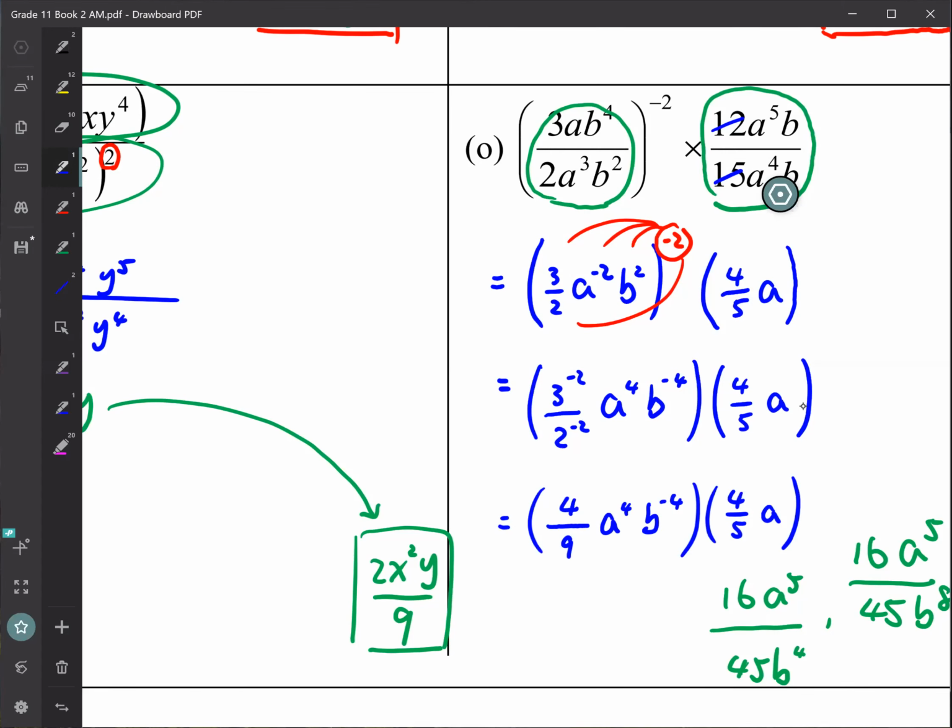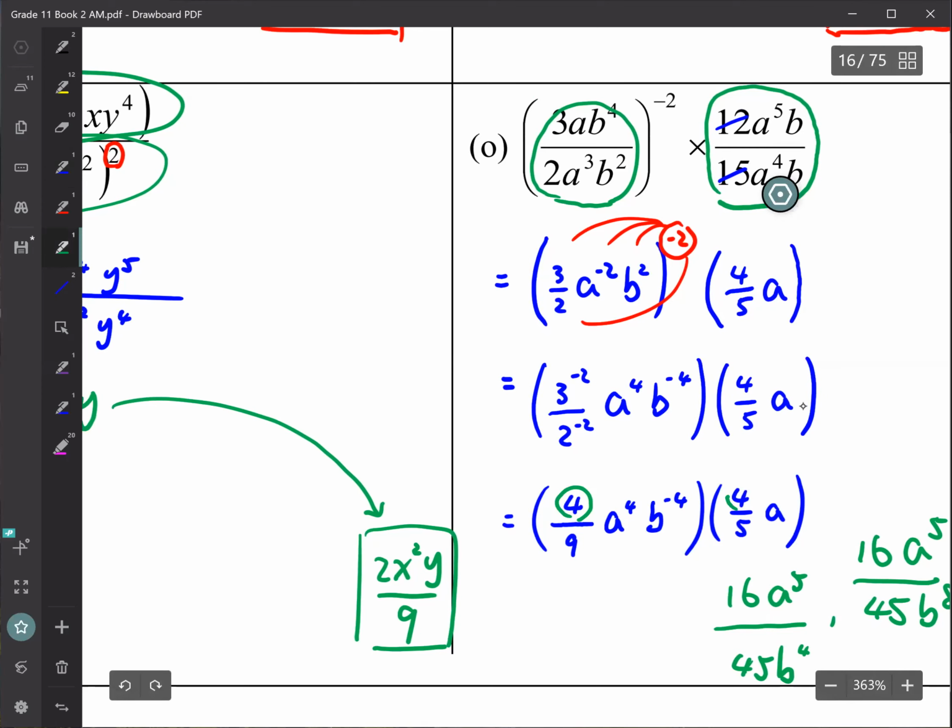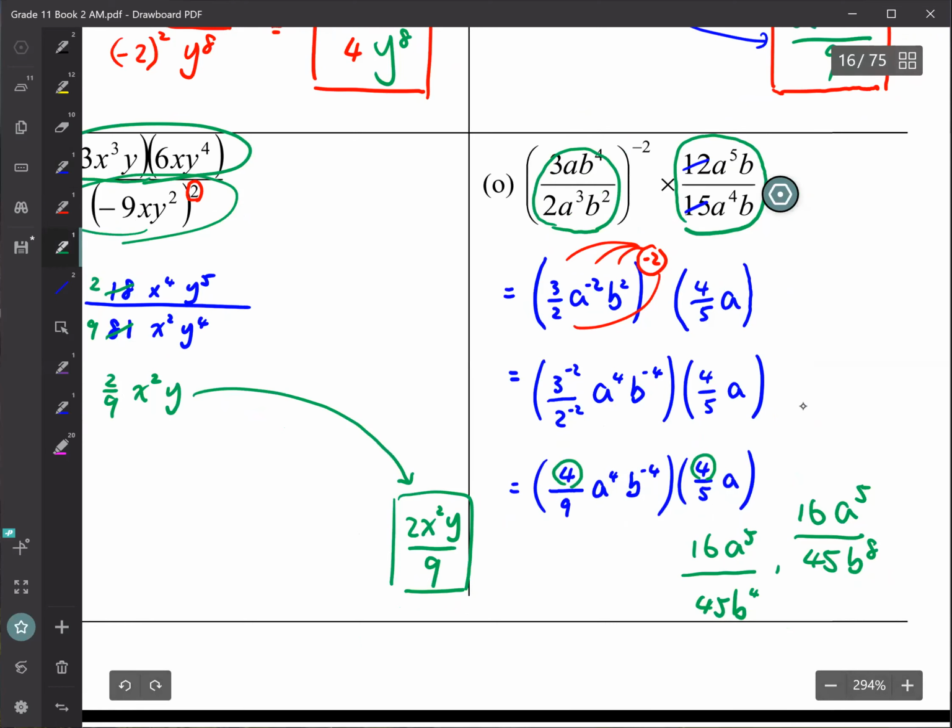But in fact, some of the multiplication you could combine. For example, you know the 2 will go up, make it 4. So this 4 and this 4 can multiply together. That makes a 16 on top. And then 9 times 5 makes 45 at the bottom.